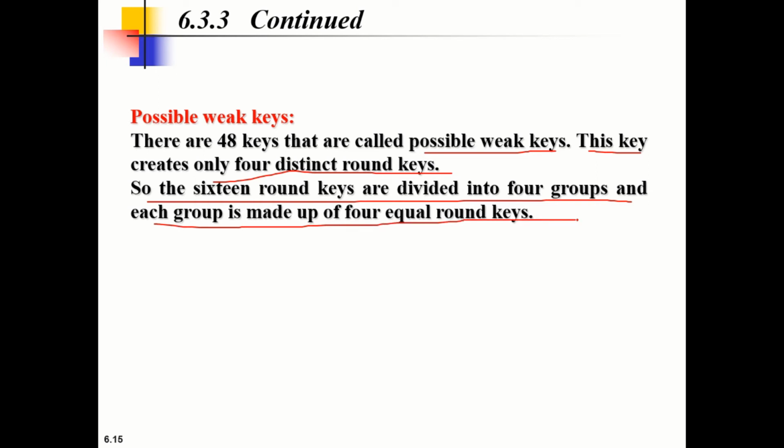Now for semi-weak keys we had only two different keys. In possible weak keys we have only 4 different keys. Okay, so these 4 different keys will be used for 16 rounds. So each key will be used 4 times, right?